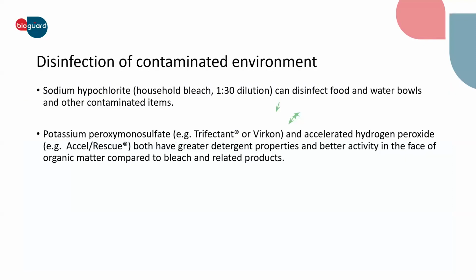And also for prevention, one thing is important. If you are in a multi-cat household environment, or even in the clinic, once there's FPV, as we just mentioned, FPV and also CPV are highly resistant in the environment and can survive up to 1 year or even more than 1 year without proper disinfection.